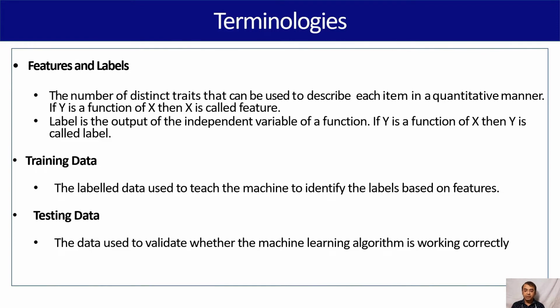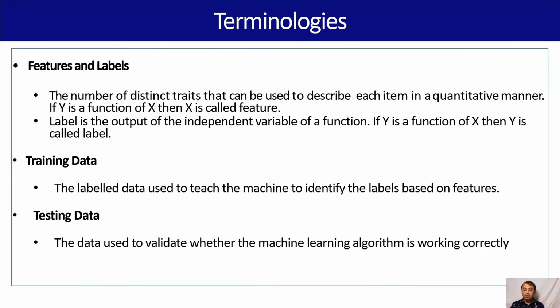Training data. Generally, the entire data set that we have collected to train the machine is divided into two parts. One is called the training data set, another is called the testing data set. The labeled data used to teach the machine to identify the labels based on features is basically the training data.